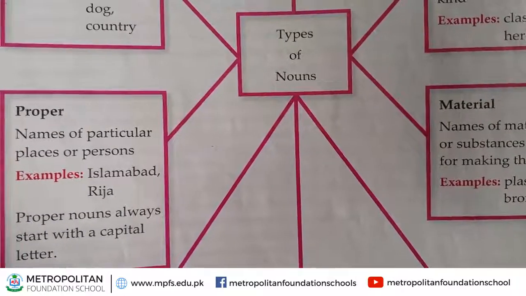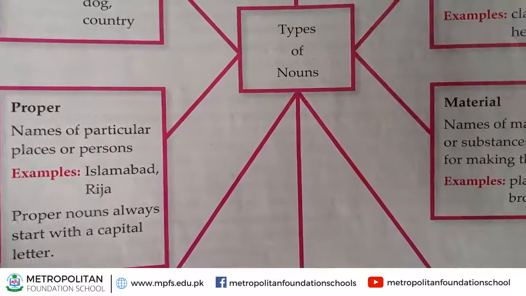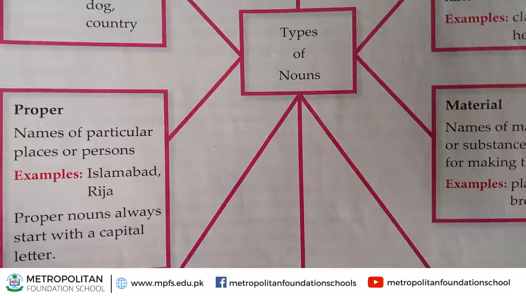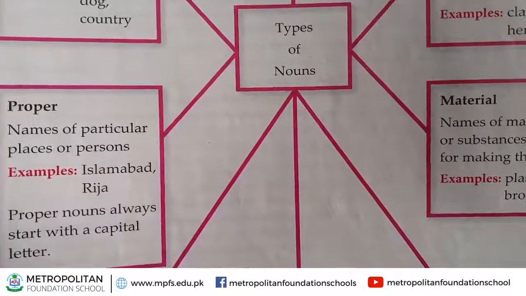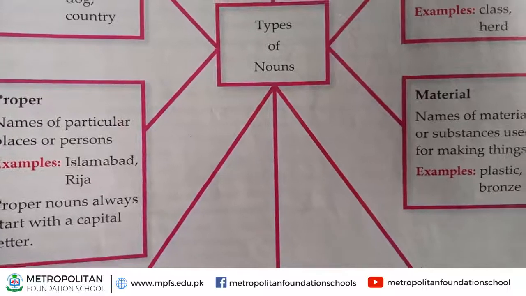Like Islamabad and Rija, both are proper names of a place and a person, so that is called a proper noun.